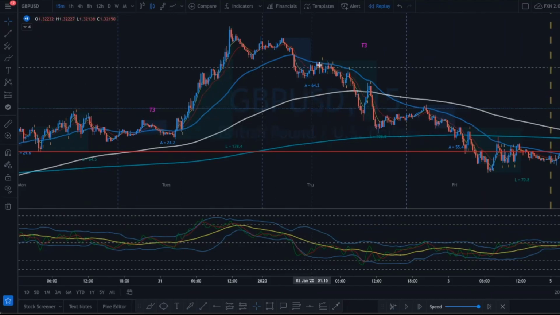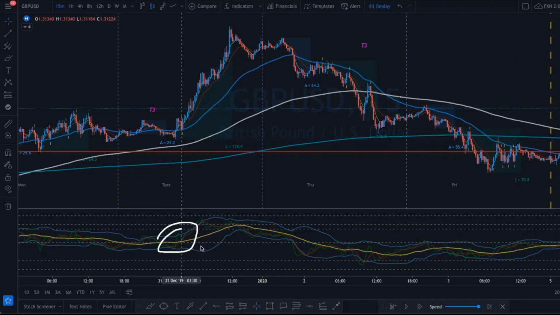They both bounce off the 50. What does the TDI look like on this one, and also on this one? They're both bouncing off the 50.